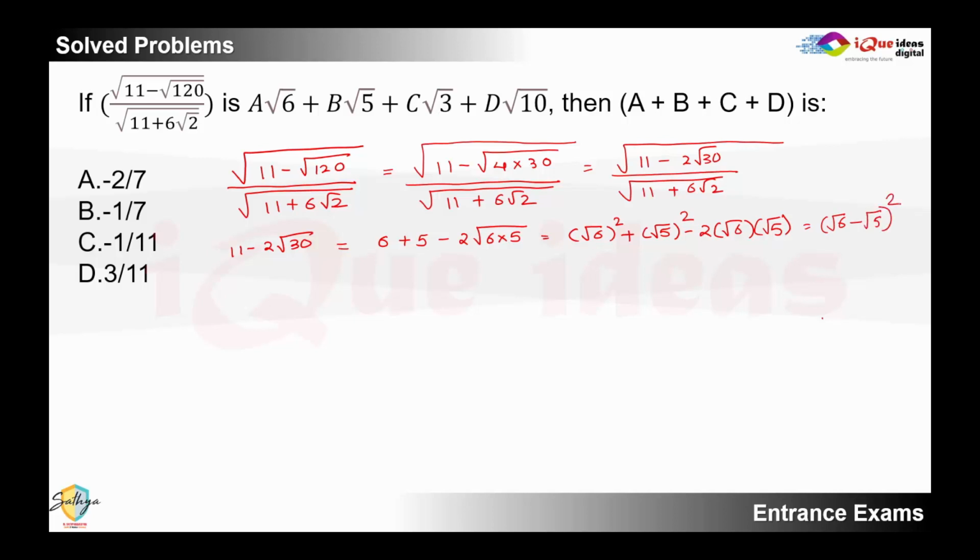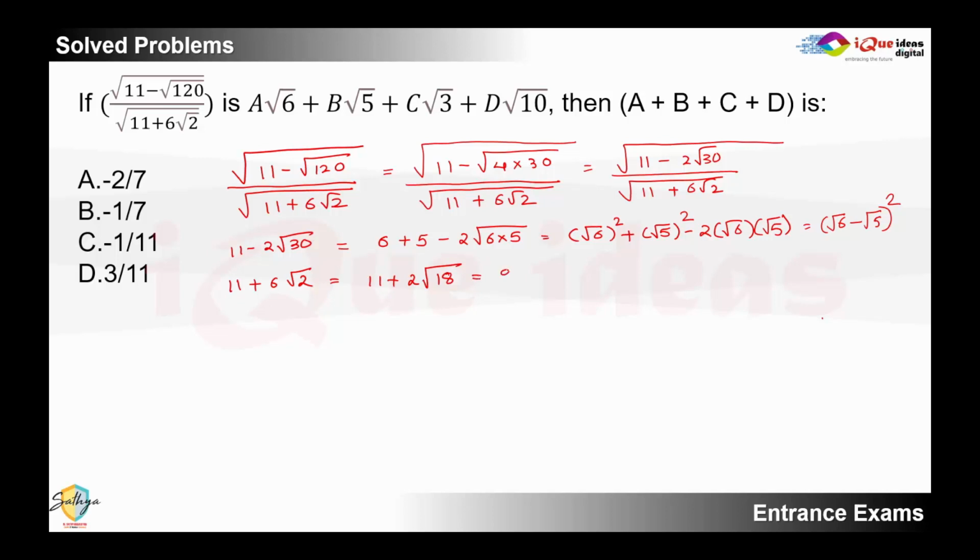Very interesting. Similarly, if I take the denominator 11 plus 6 root 2, that is 11 plus 2 into 3 root 2. I take the 3 inside, so 3 square is 9, 2 root 18. So 18 can be split as 9 and 2.